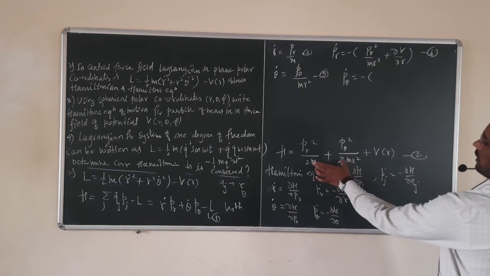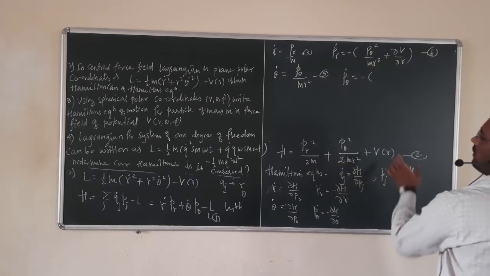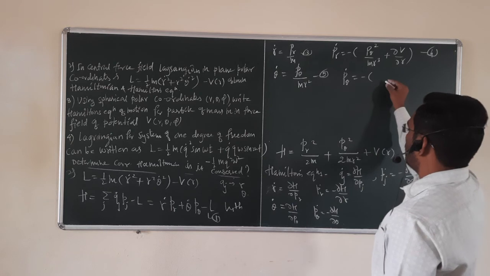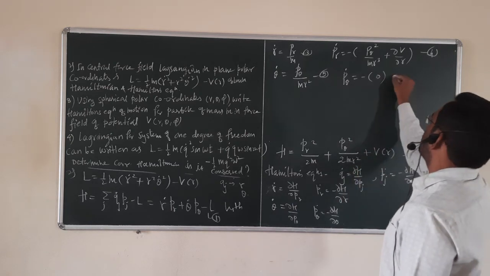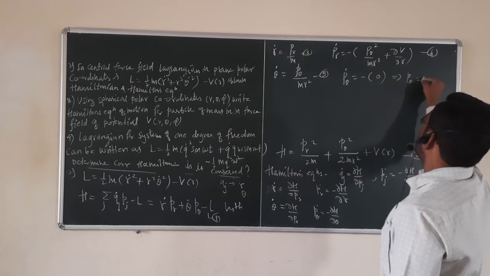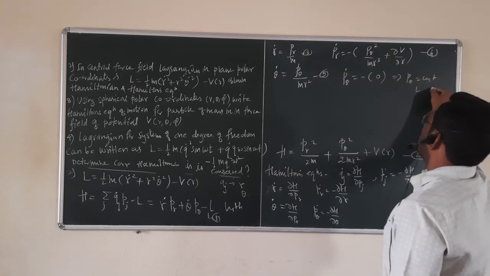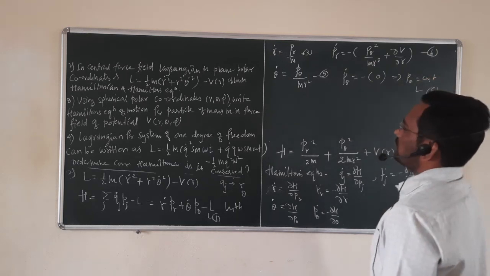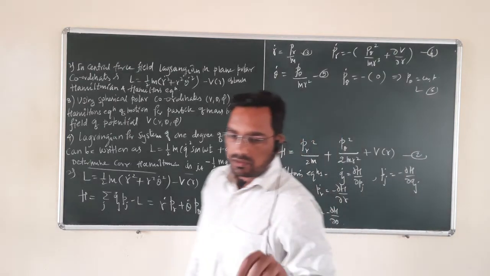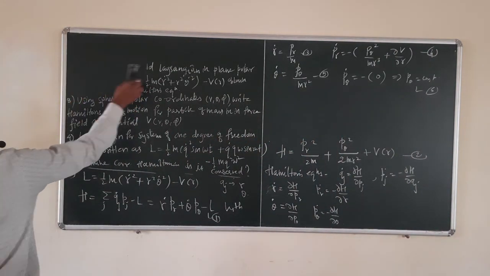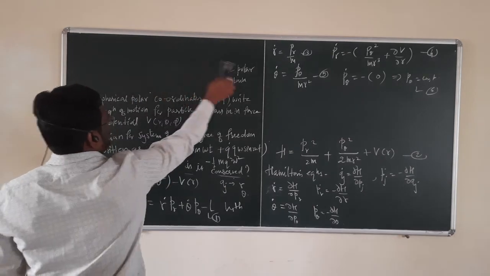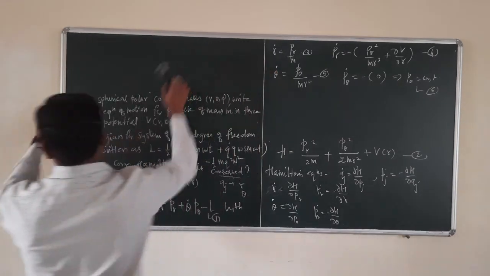Here we don't have any term which contains theta, so p theta dot is equal to 0. This means p theta is constant. So this is the fourth Hamilton's equation. With this we finish problem number 2. Now we are solving problem number 3.